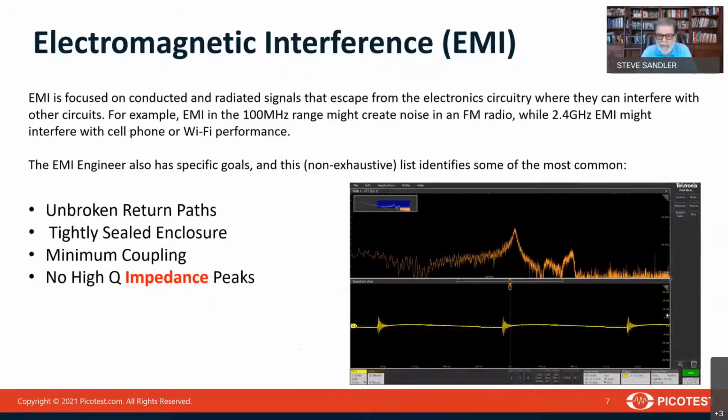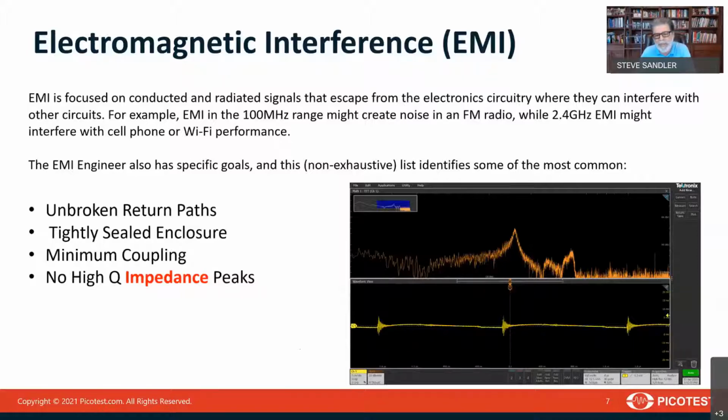We're also susceptible to noise getting into our systems in exactly the same way, and in fact, using the same antennas. So EMI engineers are focused on making sure that we don't have broken return paths, that we have tightly sealed enclosures, and that we minimize coupling between power leads and signal leads.